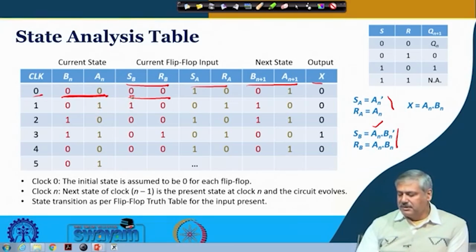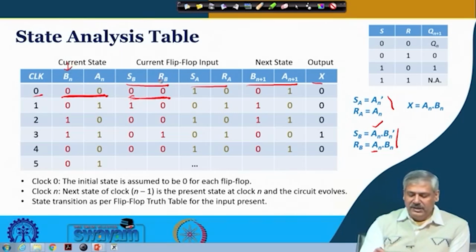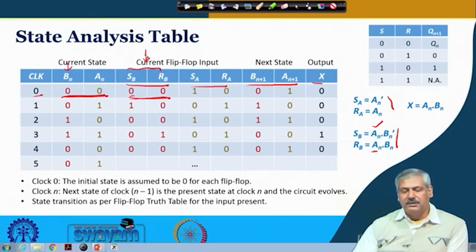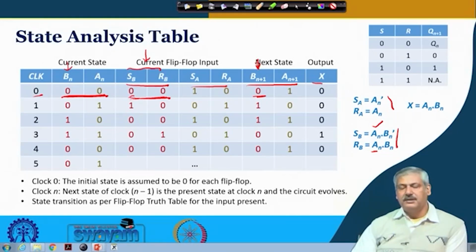So, this is 0 because this is AND logic, and here also AN is there. So, both of them are 0. If both of them are 0 for flip flop B, what will be the next state? 0, 0 means the previous value will be retained. So, Bn is 0. Is it clear?